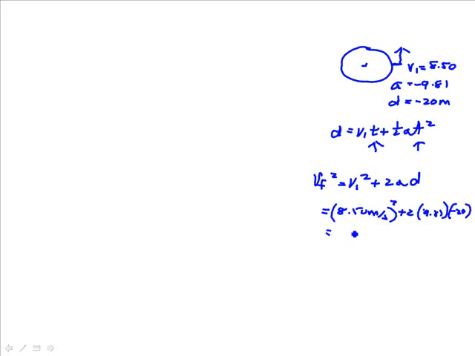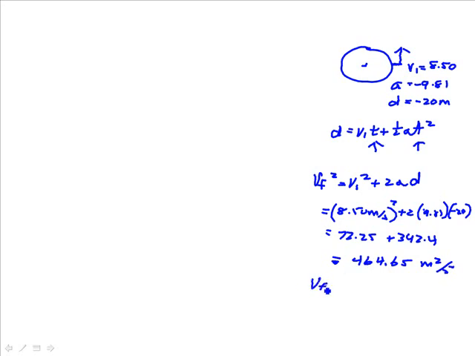And what we get with that is 72.25 meters squared per second squared, plus 392.4, and that gives us a total of 464.65, and that of course is meters squared per second squared.